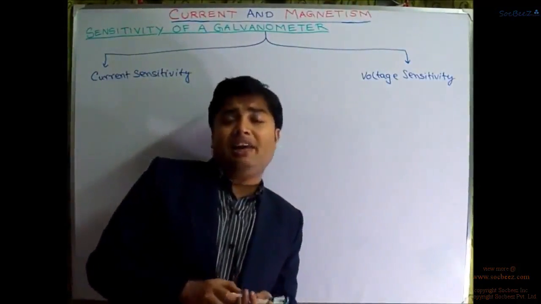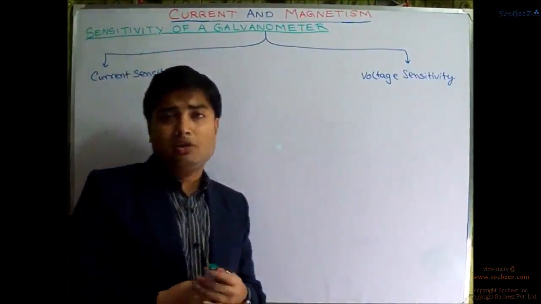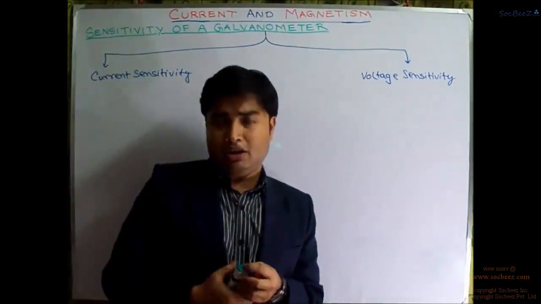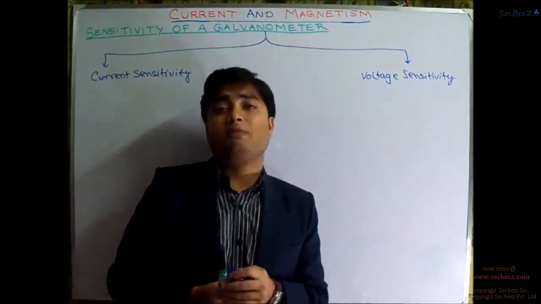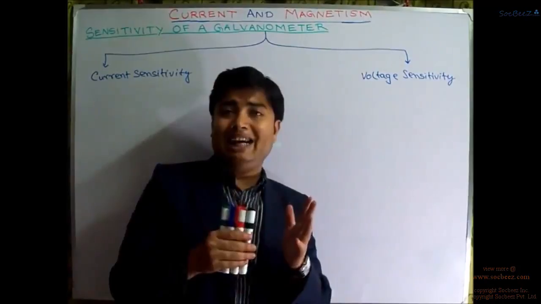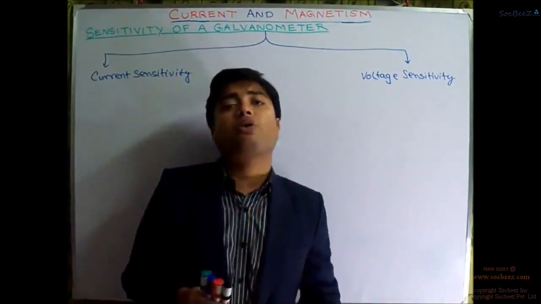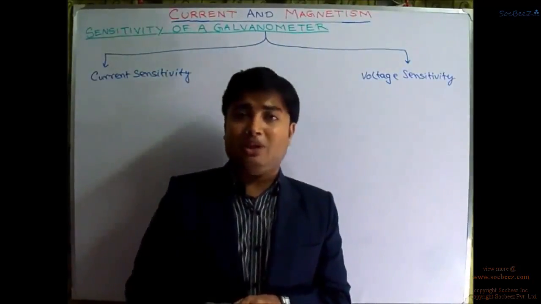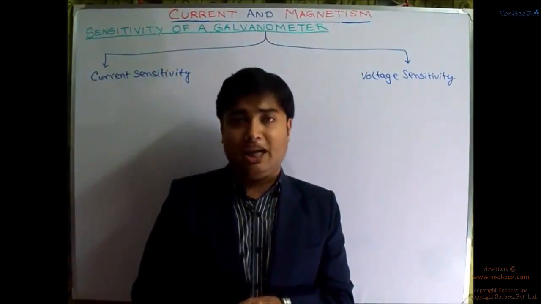As we have seen, if we pass a current through the galvanometer it deflects, which means there is a meter scale reading directly proportional to the amount of current passing through it.